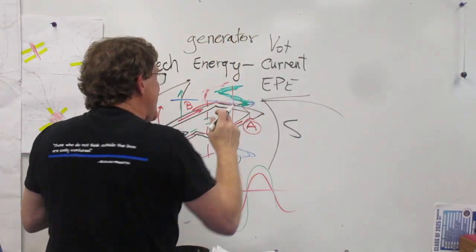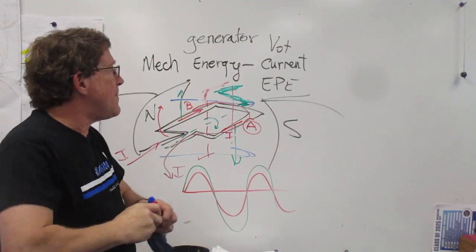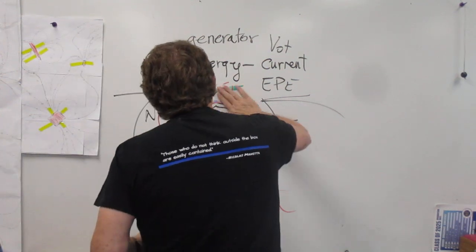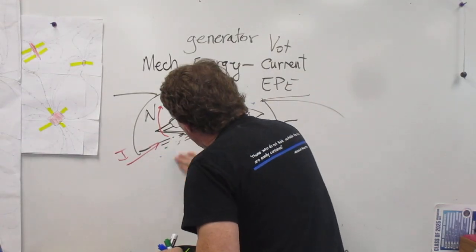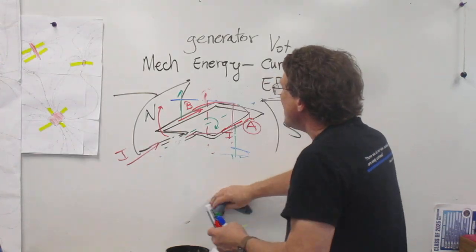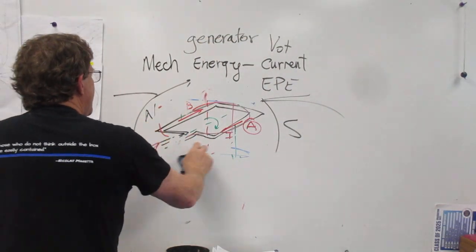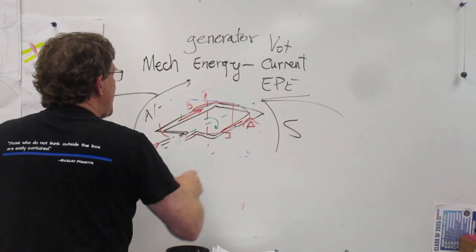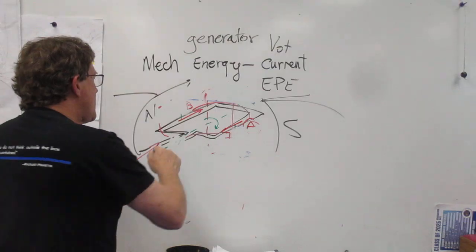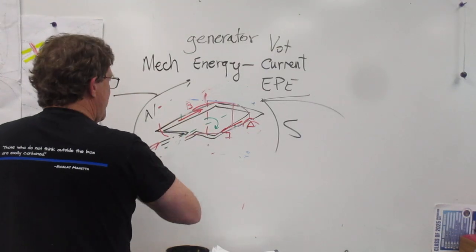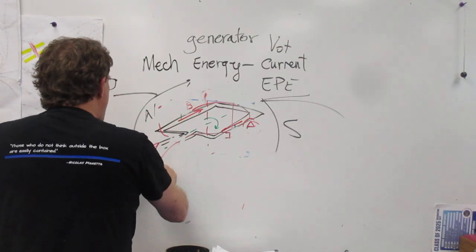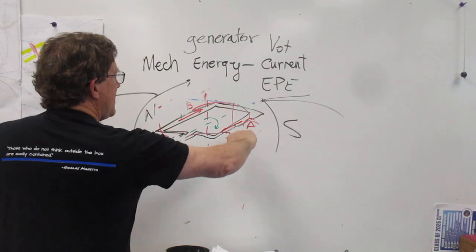Now, if instead of mechanically rotating this wire in the magnetic field, we put the current through the coil of wire, so we literally put a current through a coil of wire in a magnetic field, instead of rotating it, we put electricity in. If the current's going this way over here, and the other current's going around in a circle and comes out over here, then you have a current in a magnetic field.